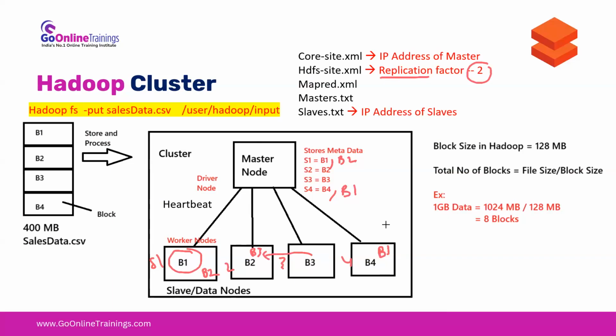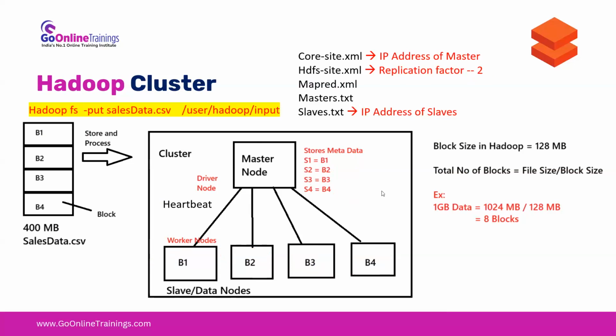So in your S2 machine, you have B2 and B3 available. Like that. So B4 is there. B4, maybe you keep it here, or if you have space, you will be able to copy the data elsewhere. Like that, one machine can have duplicate copies of the data.